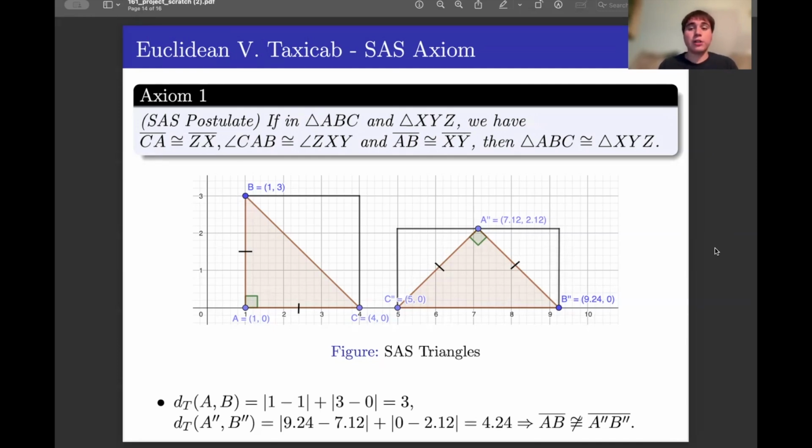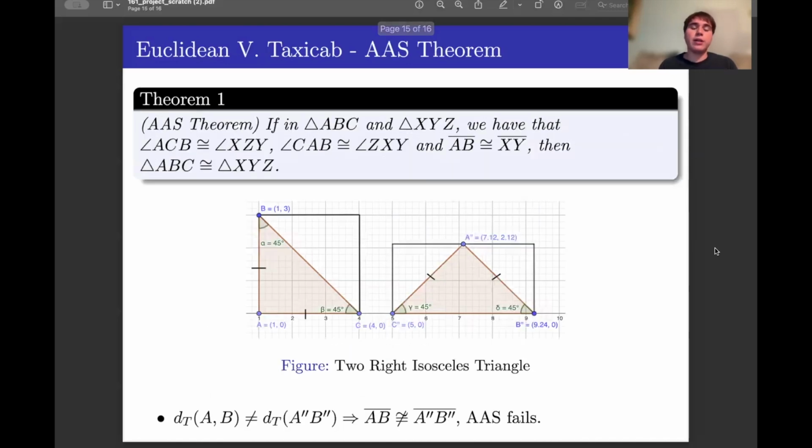Another triangle theorem we explored is the angle side theorem. This theorem states that two triangles are congruent when they have two congruent angles and a congruent side. Using the same figure from previously, we note that the triangles have two congruent base angles, both measuring 45 degrees.